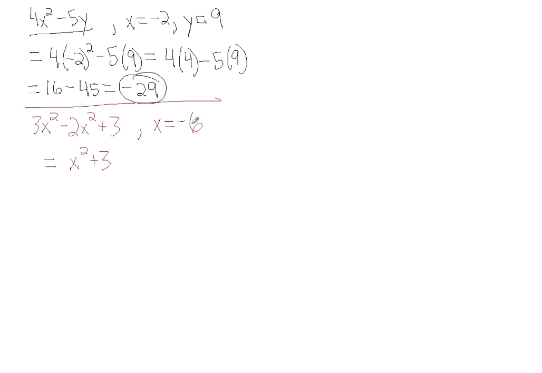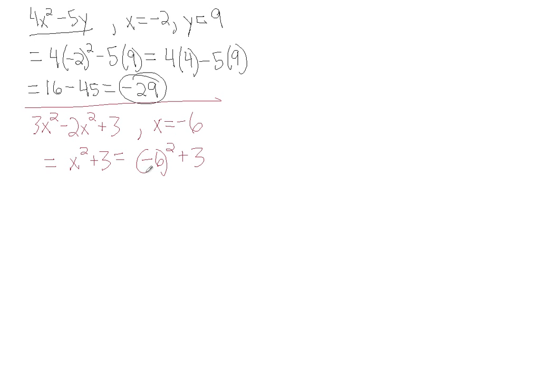Now we can go ahead and substitute minus 6 in for x. If we did it up here, we would substitute minus 6 right here and minus 6 right here, because we have two x's. But now we've simplified this before substituting, so we actually only have one variable to substitute in for. So we have a minus 6 in for x squared plus 3.